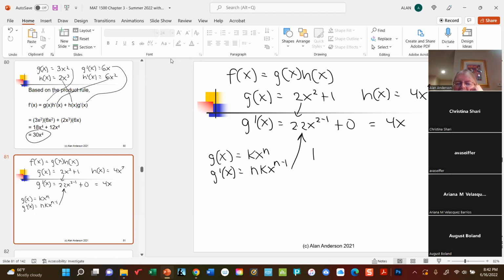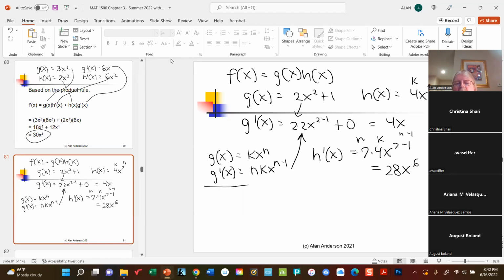Now for h of x, we're going to use the power rule. 7 times 4, x to the 7 minus 1. Okay, because remember, this is your k, this is your n. So this is n k x to the n minus 1. So h prime of x is 28x to the 6th.